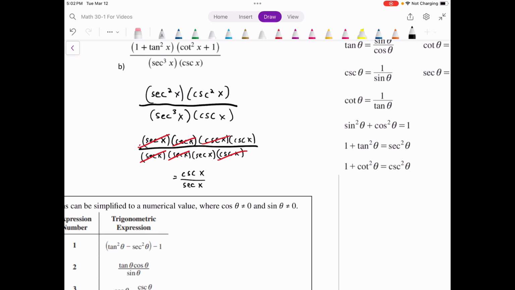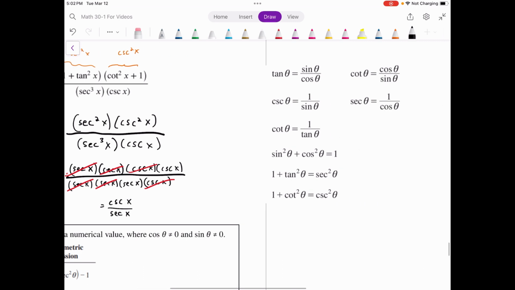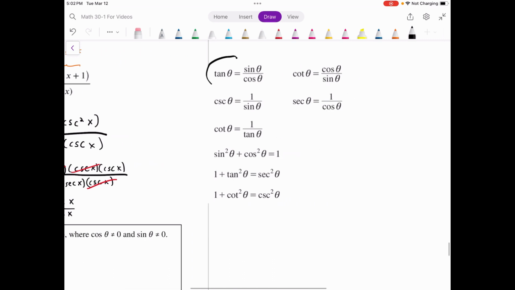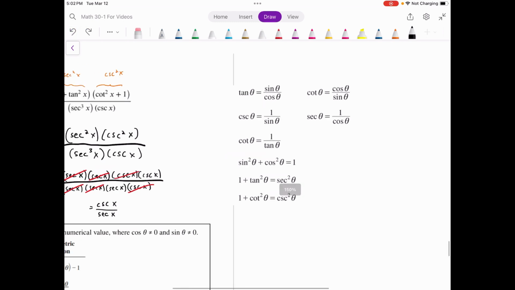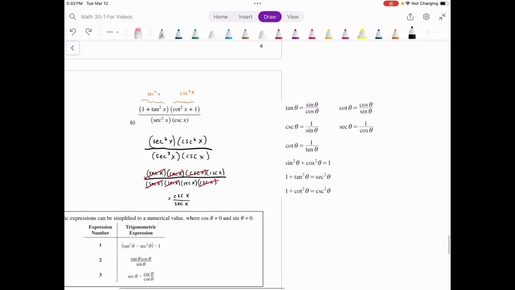And now this is where I might say, okay, can we simplify this more? This is where I would say it might be time to rewrite stuff in terms of sine and cos, because I know I'm dividing a cosecant, which has to do with sine, and a secant, which has to do with cos. It's not super obvious exactly what we're doing there.